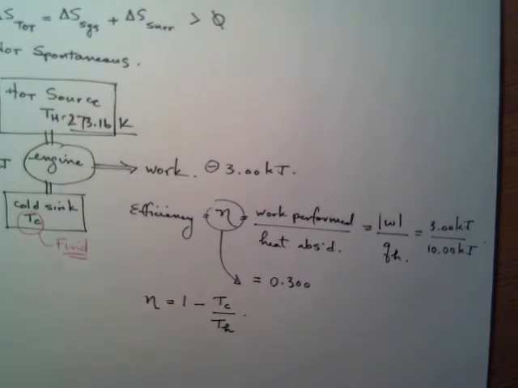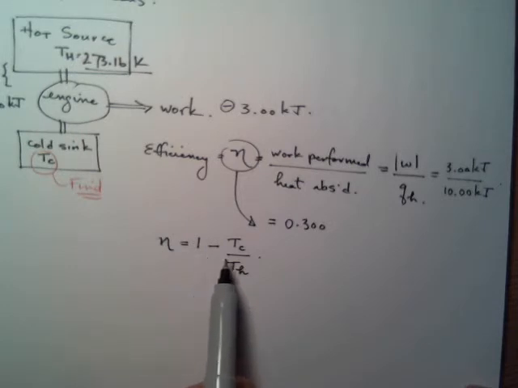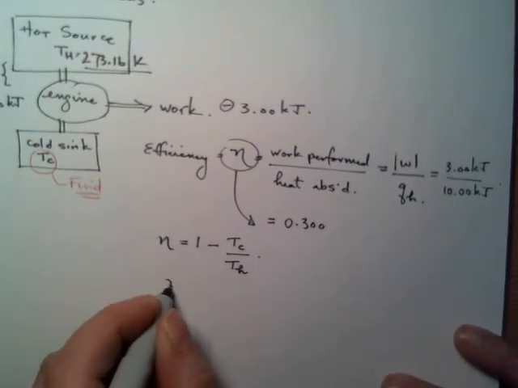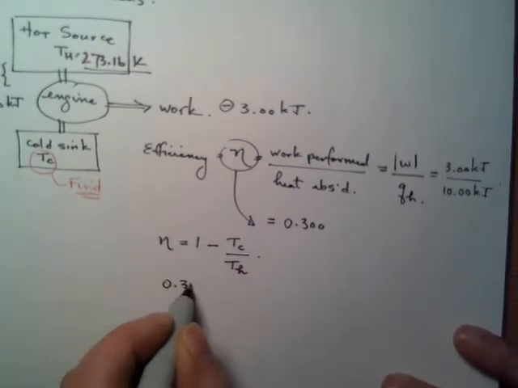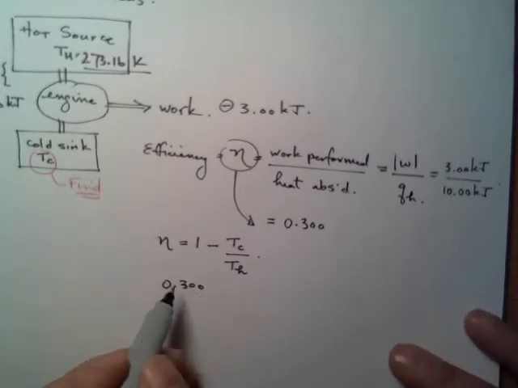I think you're always going to get the arrangement of that ratio correct because I want it to be a number less than 1, and so I would necessarily have to put the lower value in the numerator position. So it's T cold over T hot, and that then is equal to 0.300 for my efficiency.